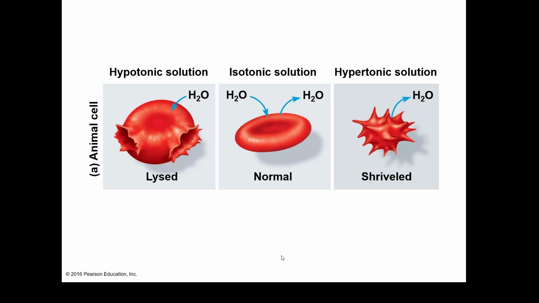So a hypotonic solution for animal cells is not really a good thing. It would mean that more water enters your cell and the red blood cells are going to pop. An isotonic solution is equal. A hypertonic solution is when the water leaves the cells and our cells are going to shrivel up. They're going to get smaller.